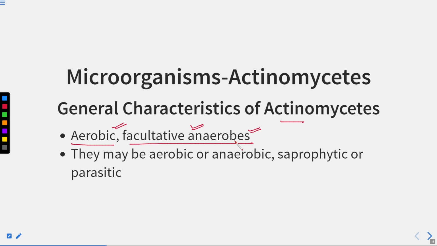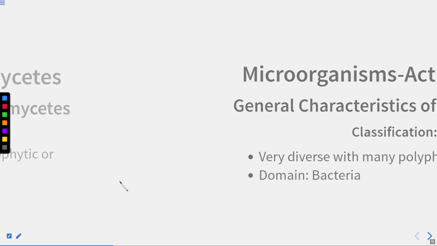So they can be aerobic as well as anaerobic, and that is why they are called facultative anaerobes. They can be saprophytic and they can also be parasitic, so there are different modes of nutrition.